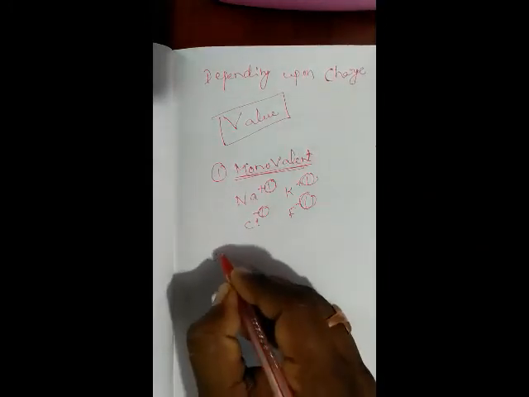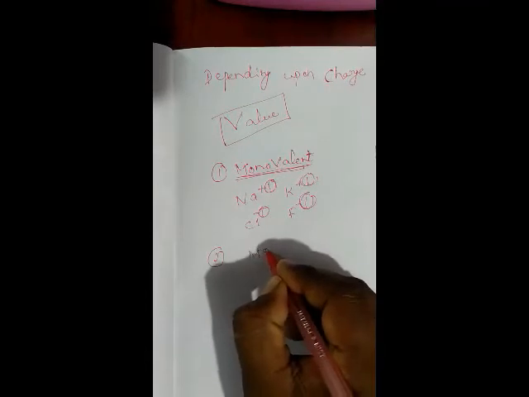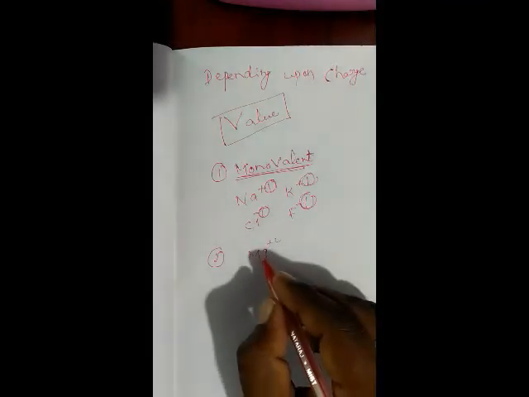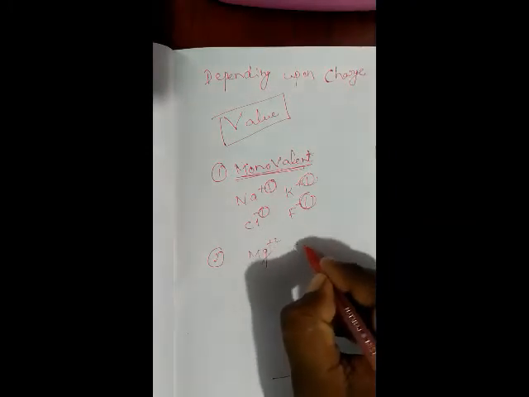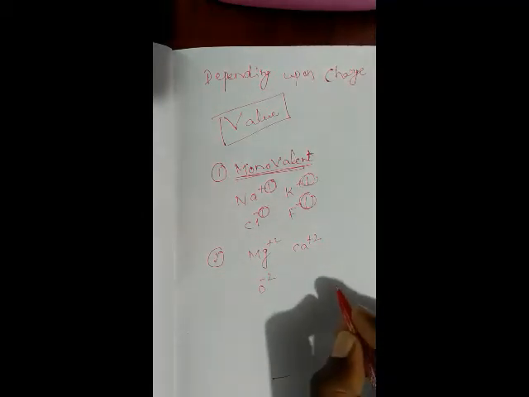Next, the second type: Mg plus 2, Ca plus 2, O minus 2.